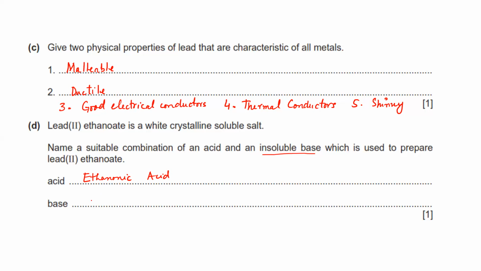For the base, you can say lead hydroxide. This will be an insoluble base. So the salt will be lead ethanoate, and the other product is water. This is how you can easily make the salt.